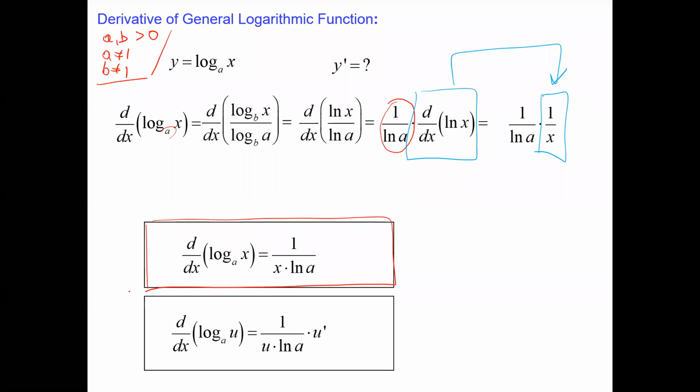Log base a of x is 1 over x, but in the denominator we have to multiply by ln of a. Yeah, a little bit similar in concept and idea to the general exponential function. And now, following the chain rule, log base a of u is 1 over u ln of a, that's the main formula, and following the chain rule, times u prime. Or we can say du dx.